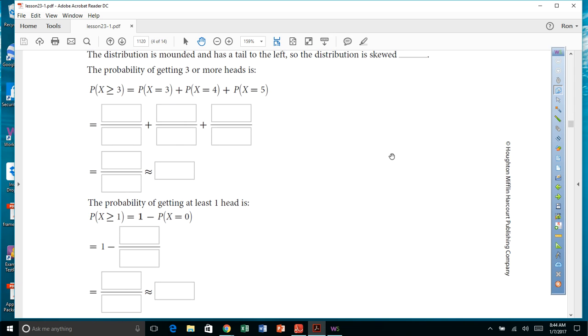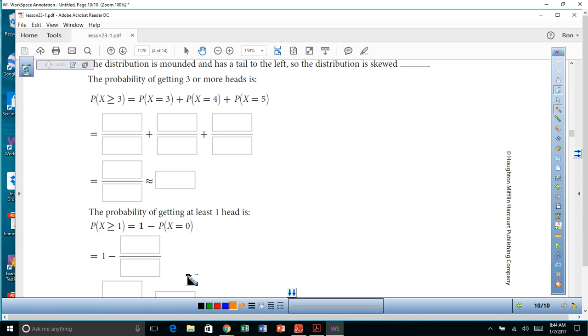The probability of getting 3 or more heads is the probability of 3 plus the probability of 4 plus the probability of 5. So that's going to be 270 over 1,024, 405 over 1,024, and 243 over 1,024.